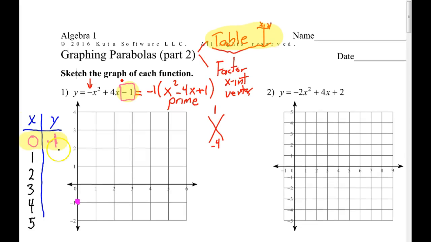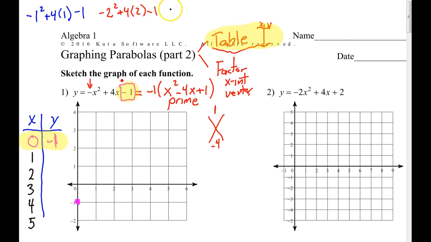So plug in 1 and see what you get. A little review. Plug in 1 into the equation: -1 squared, 4 times 1, and -1. And you can plug in 2: -2 squared, plus 4 times 2, -1.